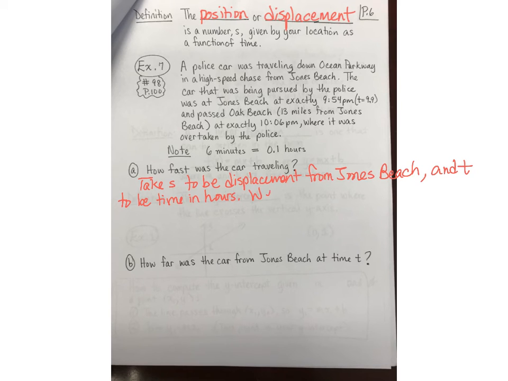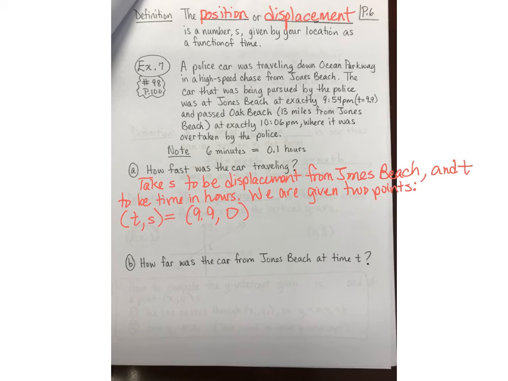So we're given 2 points. They are, in terms of (T, S), 1 is (9.9, 0).